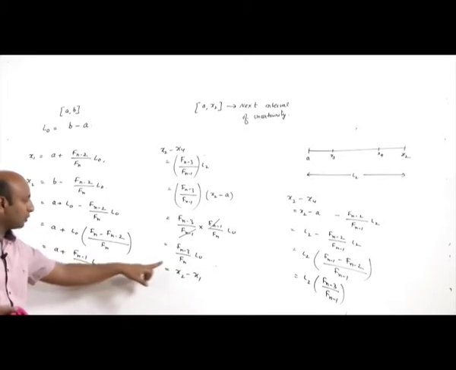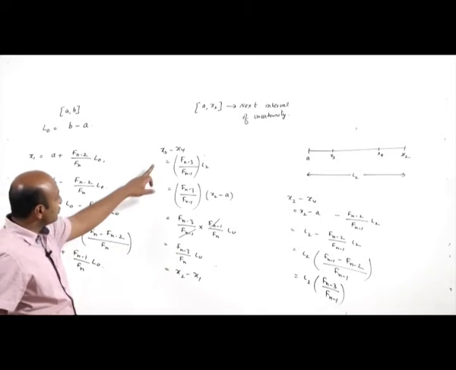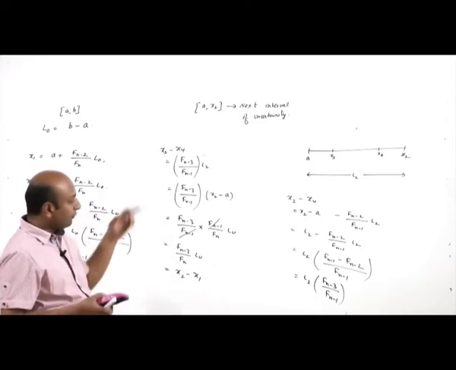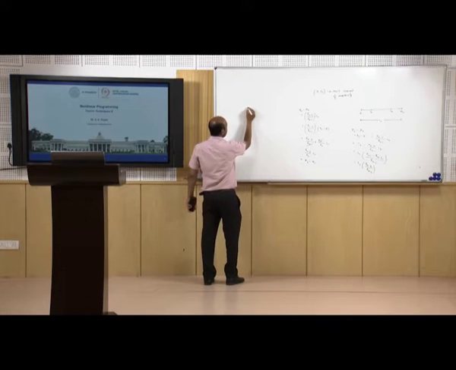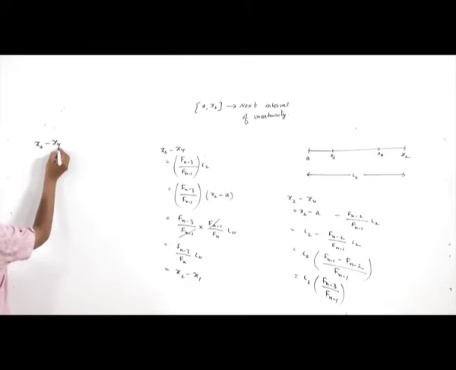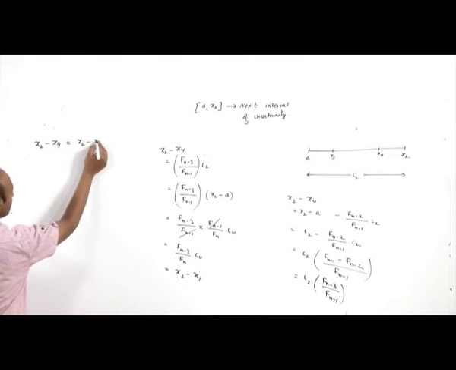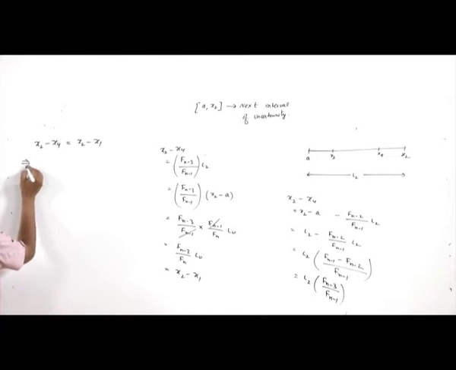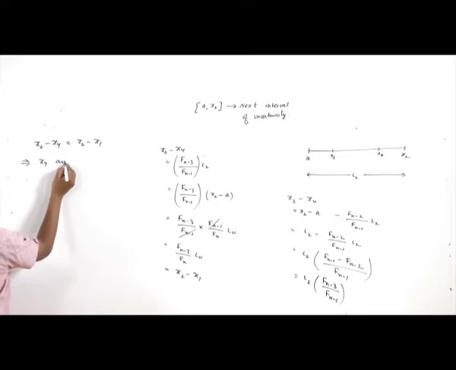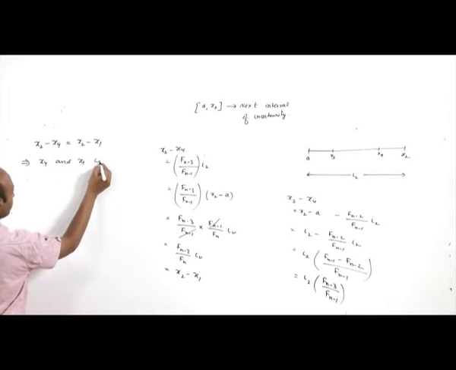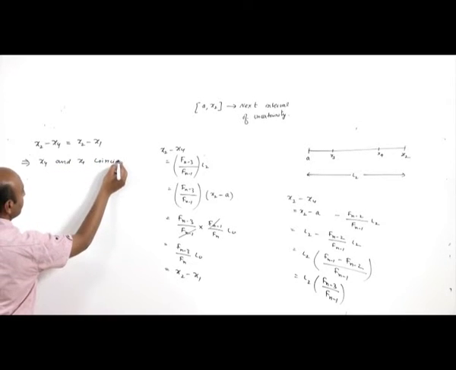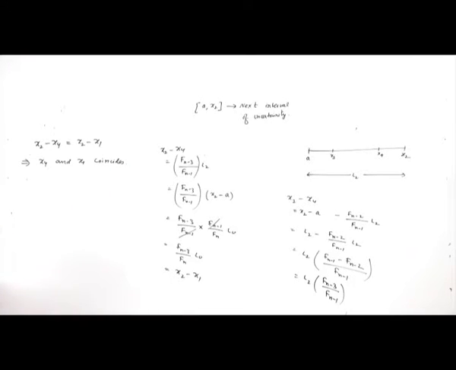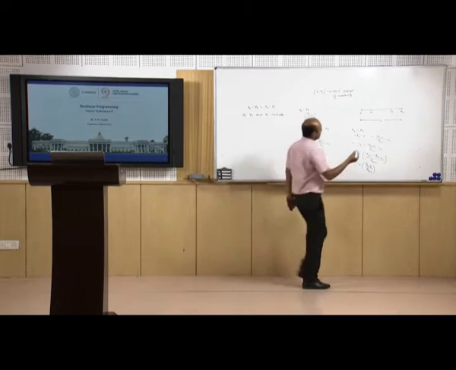So, what we obtain is that x2 minus x4 is equal to x2 minus x1. This implies x4 and x1 coincide. So, this x4 is nothing but x1 only.